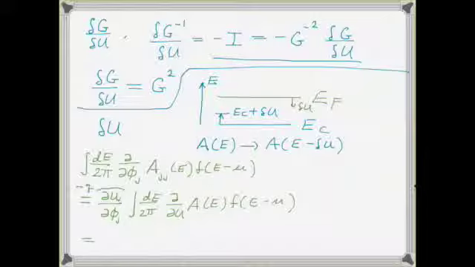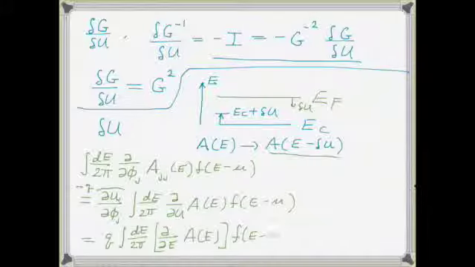And if you look at the way that delta mu entered in here, it enters just like energy but with a negative sign. So this is equal to q times the integral dE over 2 pi of d/dE of A(E) f(E minus mu). By switching from d/dU to d/dE, I pick up a negative sign, which cancels the negative sign out front.